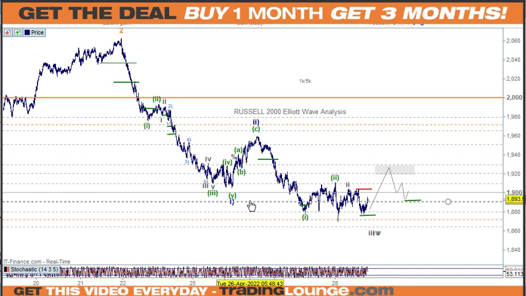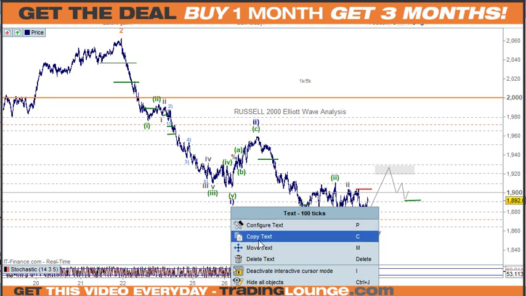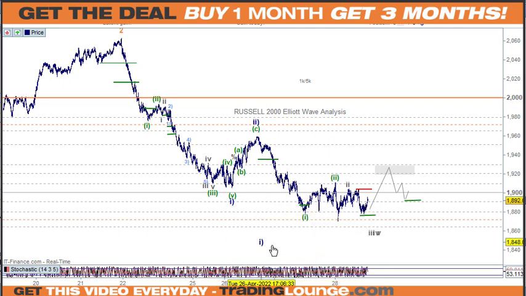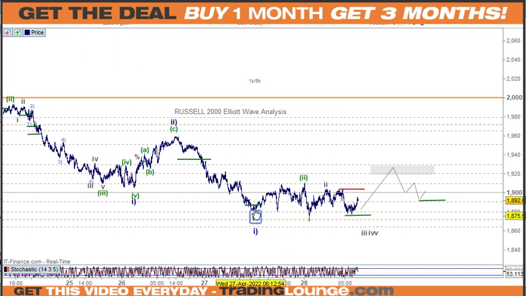So it could very well be that we've got this down here at this point. But it's interesting, even if I do label that wave 1 here, then this is lower here at this point. So it's sagging in a way, so the whole thing is not very strong. It's not going to go up a lot.